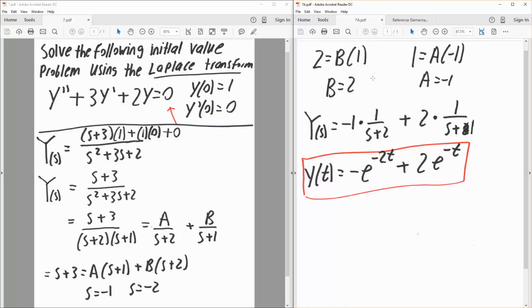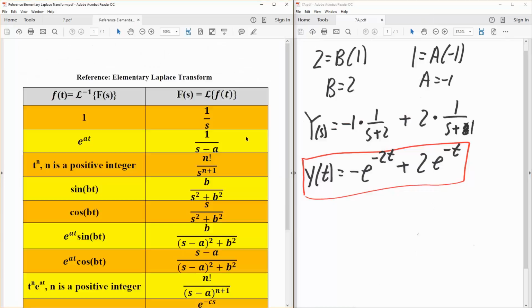Next we do A. We say s is negative 2, so we would get negative 2 plus 3, so 1, is equal to A(minus 2 plus 1), so minus 1, and this would become 0. So A would equal negative 1. And so A is going to be negative 1 and B is going to be 2. And so having it in this form now, we can use this.